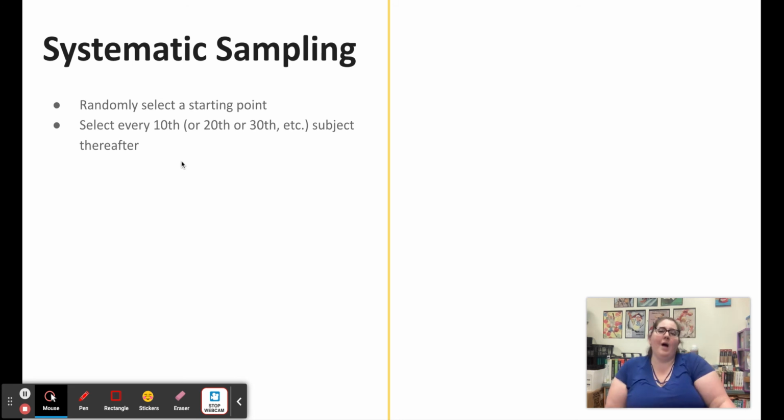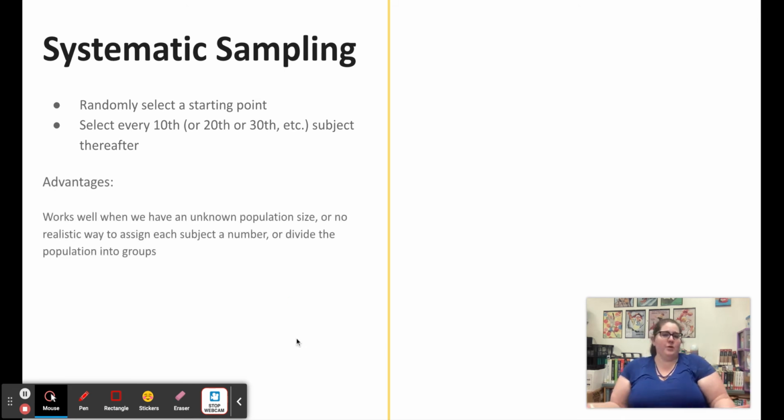This works really well when we have a population that's coming in a specific order or in a line, or they're coming throughout the day, something like that, where we may not have all of our population in one place at one time. It's easier for us to do it throughout. So that's a systematic example. I'll give you a couple of examples for that in a minute.